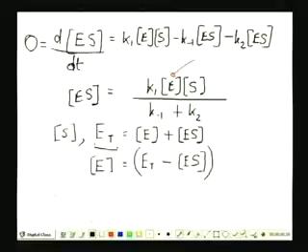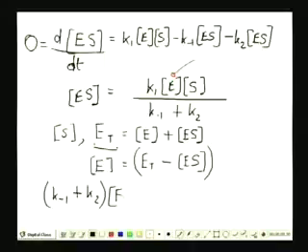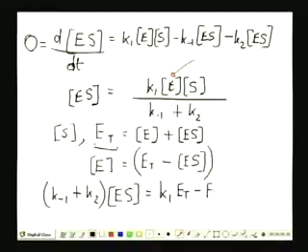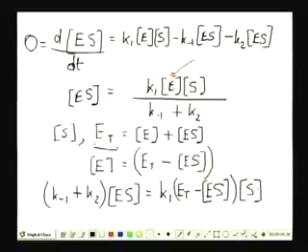We get K minus 1 plus K2 times ES is equal to K1 times ET minus ES, S. That is what I have.